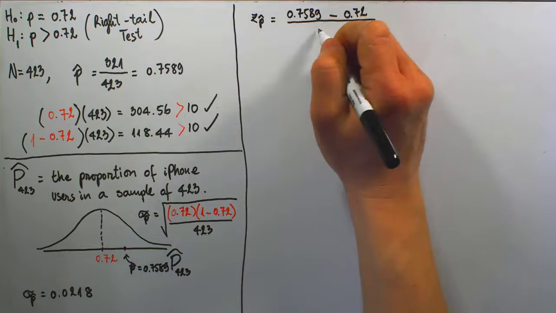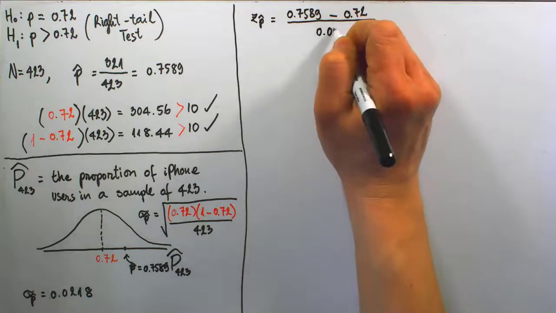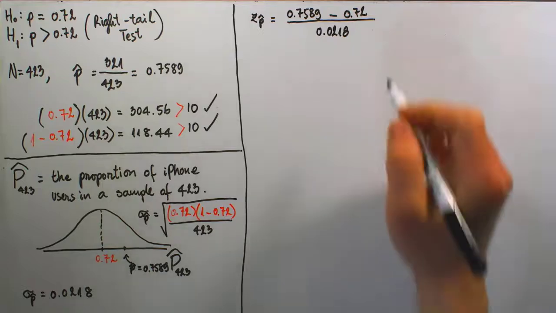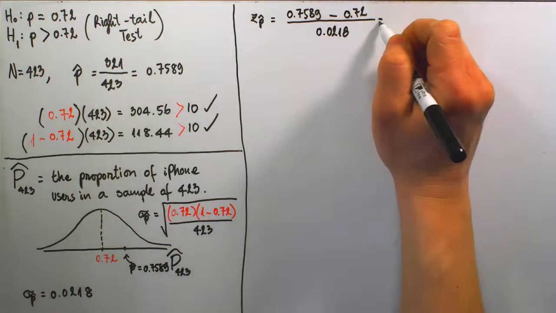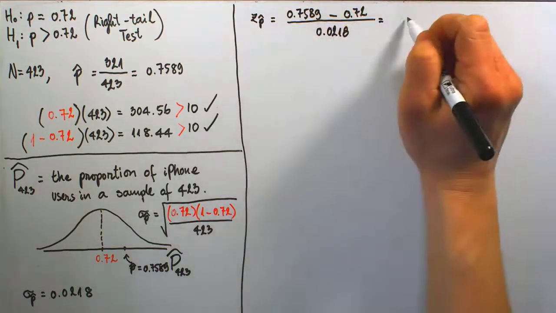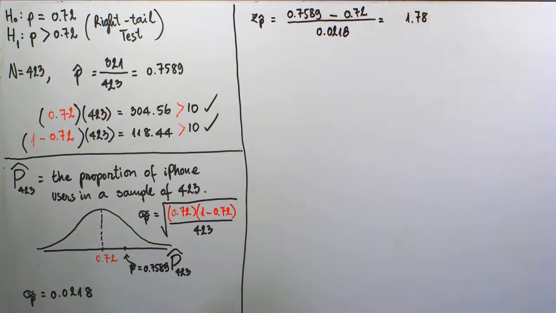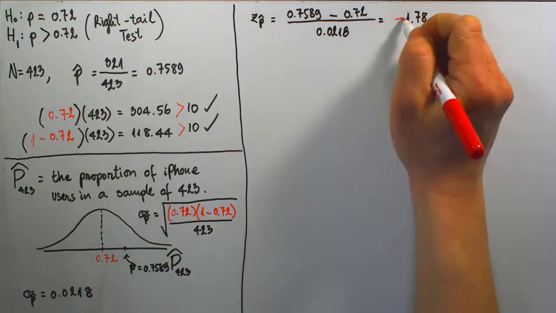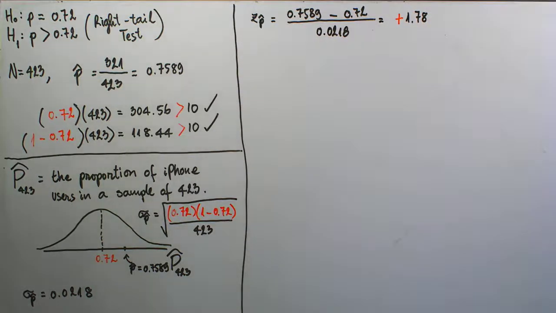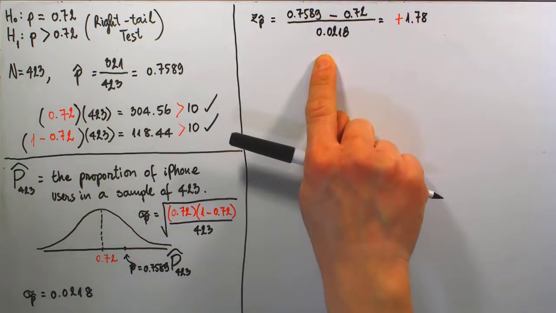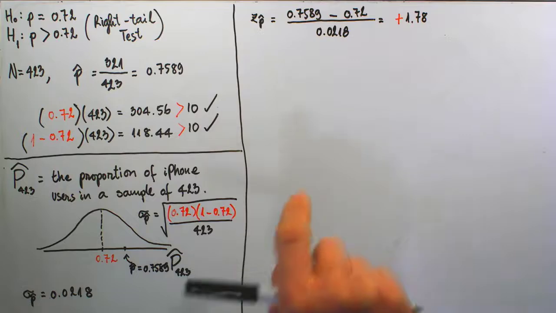So that would be 0.0218. Calculation of mine came out showing that this z-score is going to be 1.78 as a positive z-score.